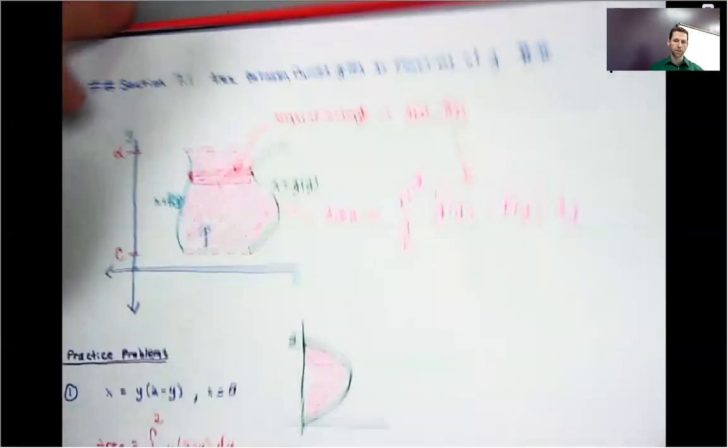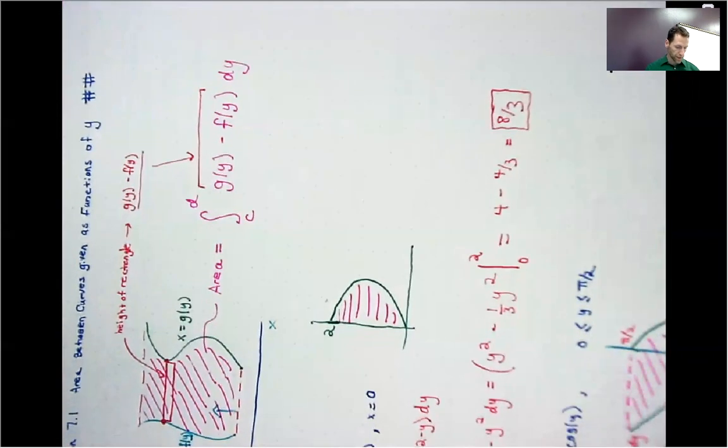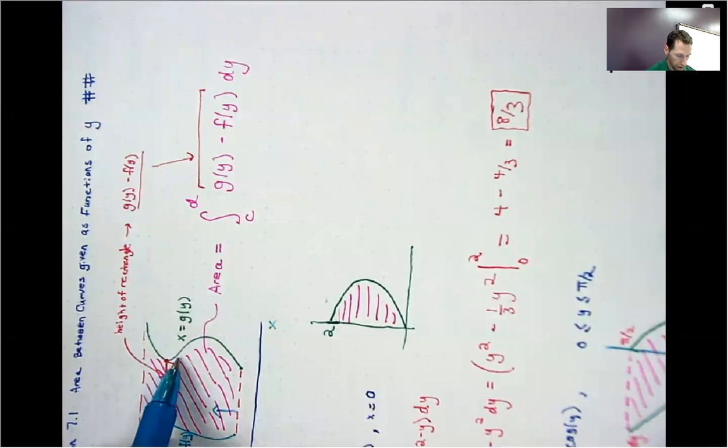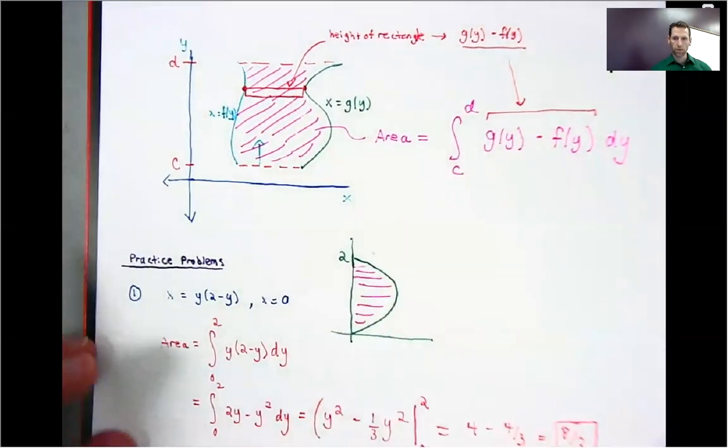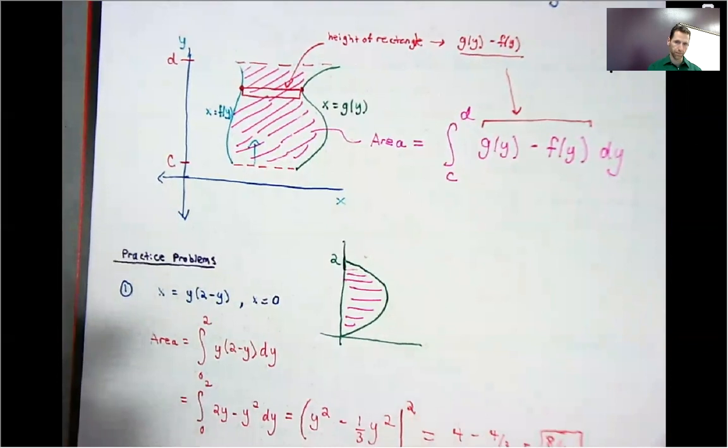Just as a quick check, if this was your x-axis, you would integrate from c to d and you'd have your integrand top minus the bottom. And that's exactly what we're seeing in this integration expression that we have here.